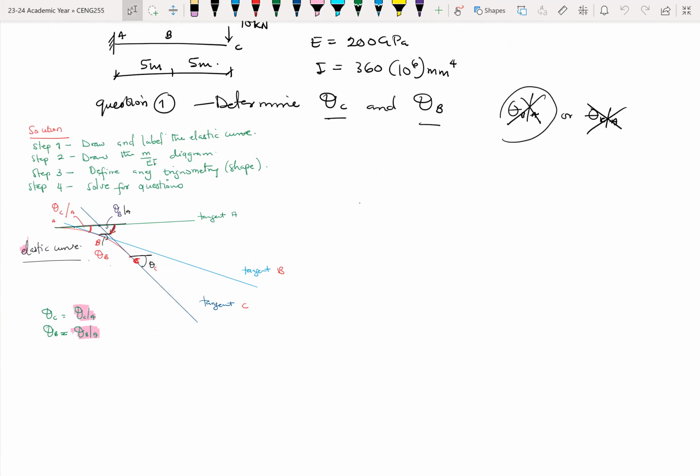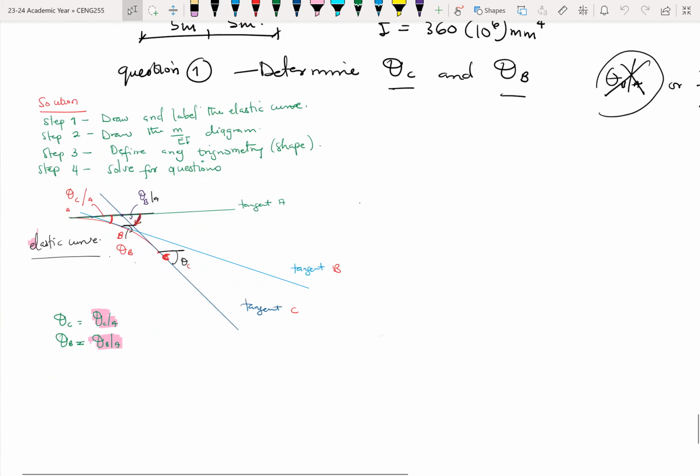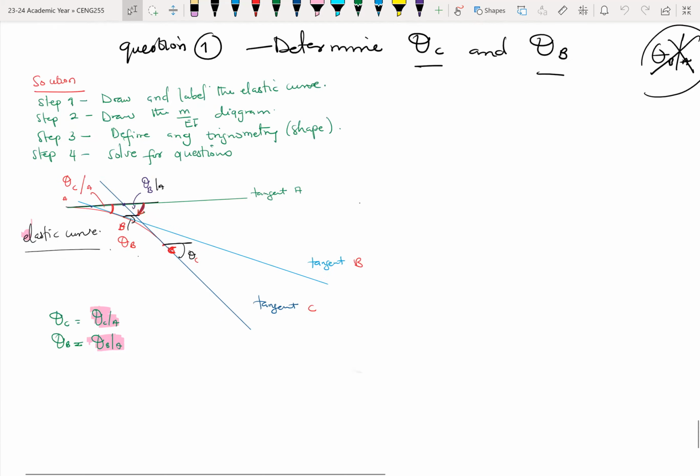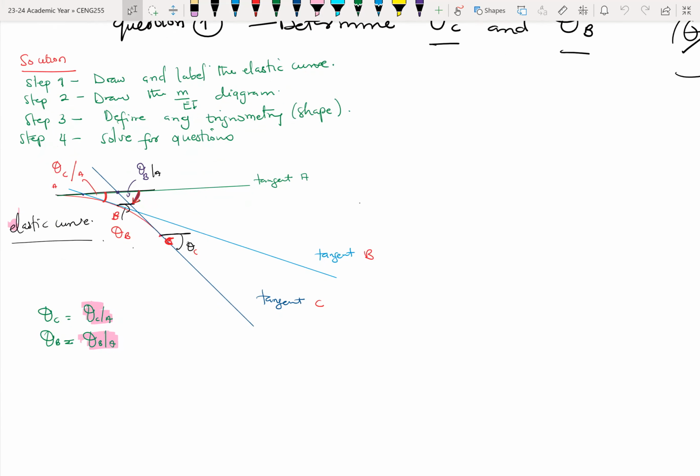The first thing to do is to draw and label the elastic curve, and also draw our M over EI diagram. Then define any trigonometry, shapes and all of that. From there we can solve for the questions. So it's just what we did earlier.